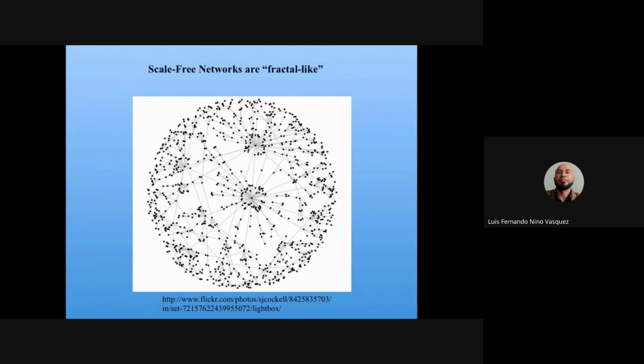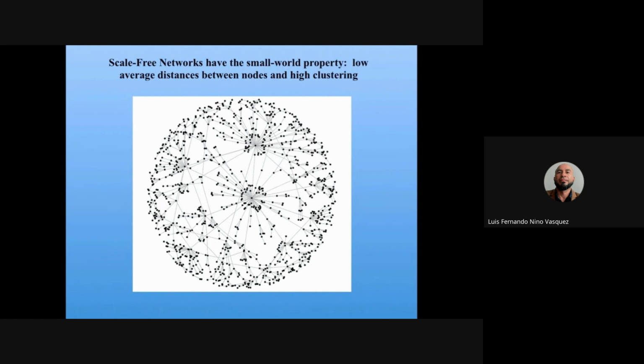And I say power law-like because in the real world, networks aren't really scale-free. Just like in the real world, objects aren't really fractals. They're not mathematical fractals. They're approximations to fractals. And the same thing with network degree distributions. I should point out that scale-free networks indeed have the small world property, that is, low average distances between nodes and high clustering.